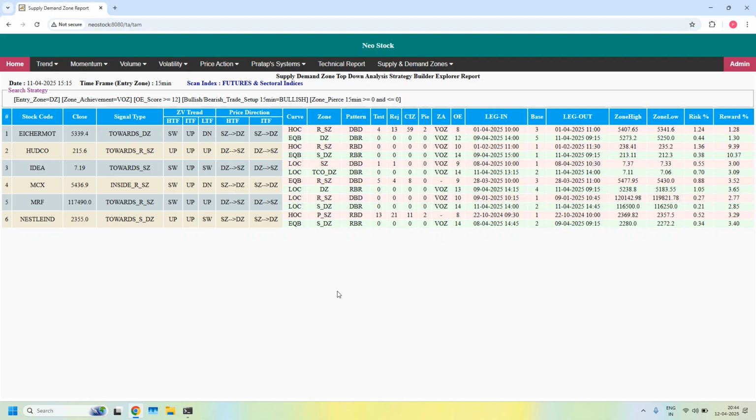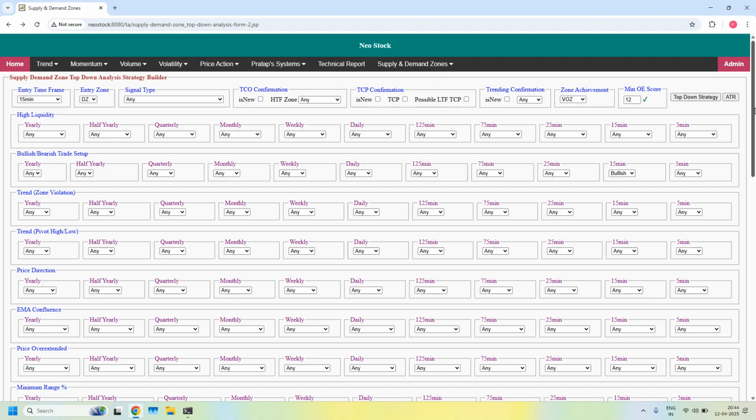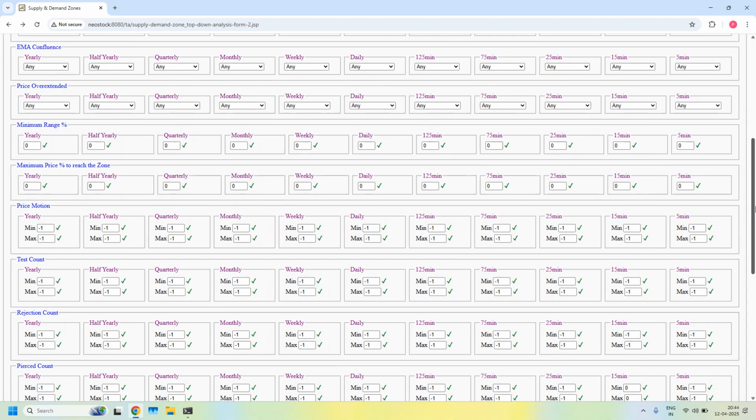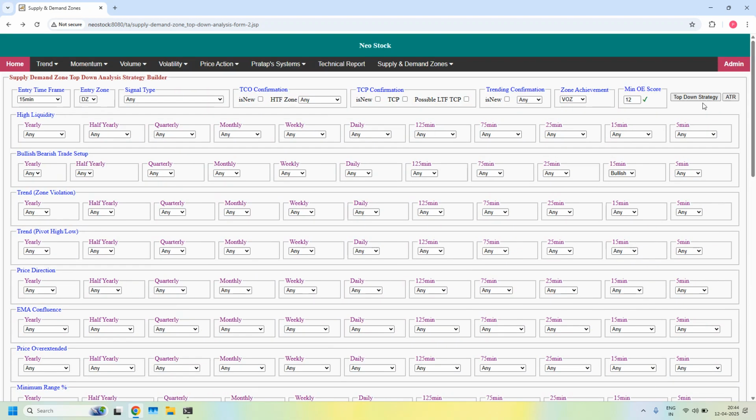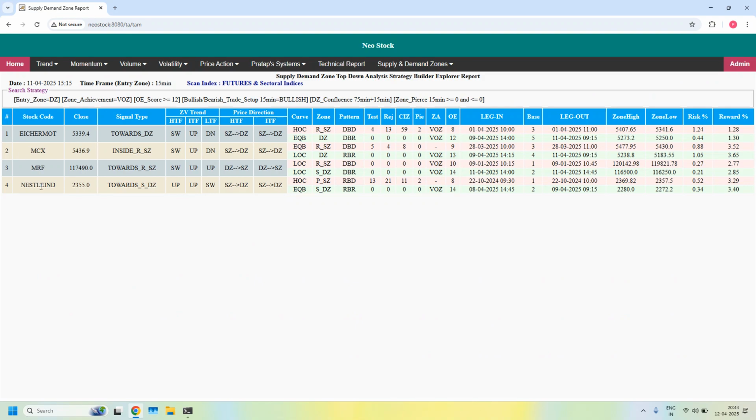That we will filter based on zone confluence. First filter is LTF ITF demand zone confluence. That is 15 minutes demand zone with 75 minutes demand zone confluence. I enabled the filter. After applying the filter, we got 4 stocks.